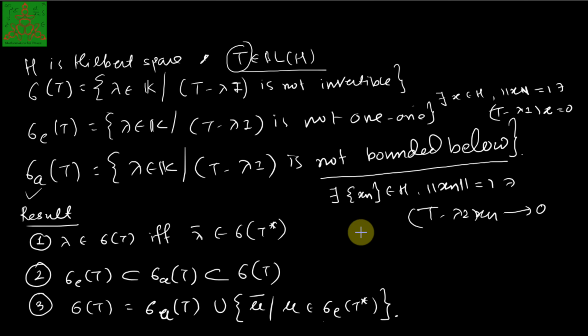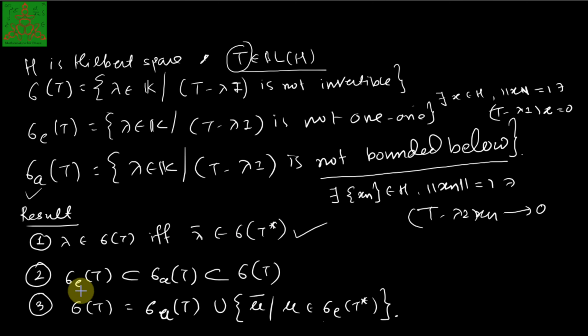Then we have discussed certain results regarding this spectrum. The first result which we have seen is that lambda belongs to the spectrum of T if and only if its conjugate belongs to the spectrum of the adjoint of the operator.